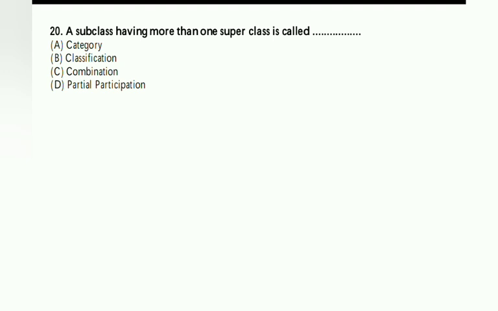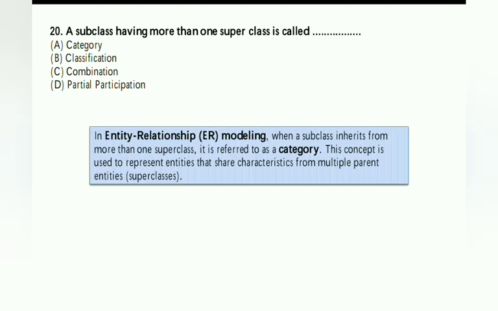Next, a subclass having more than one superclass is called a category. In ER modeling, when a subclass inherits from more than one superclass, it is referred to as a category.